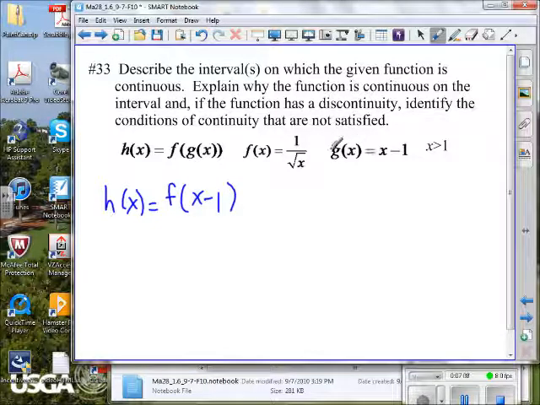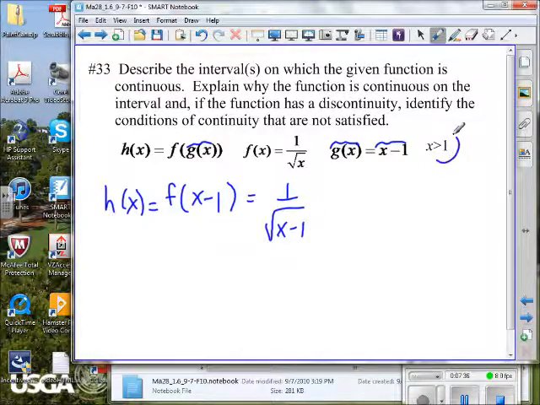Because the output of this function is g of x. That's why we can write it in here. The output of one function is the input of the other. But because the equal sign tells us so, we can also use x minus 1 as the output of g of x, and that goes in here. So we have 1 divided by the square root of x minus 1.